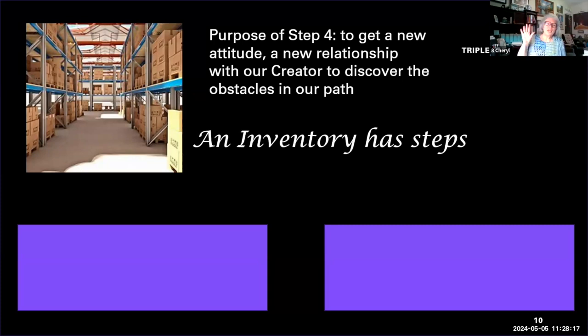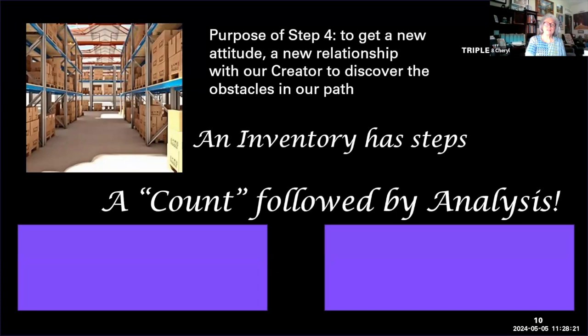And an inventory has steps. Some people don't realize this or don't think about it. An inventory has steps. It is a count that doesn't care, good, bad, otherwise. Sold lots of, didn't sell lots of, none of that matters. It's a count. What do we have? Followed by an analysis. And those are separate steps.